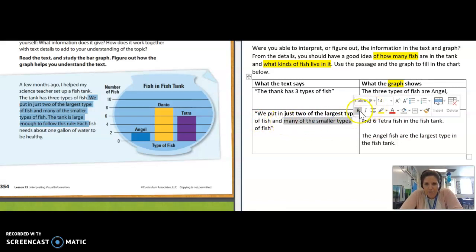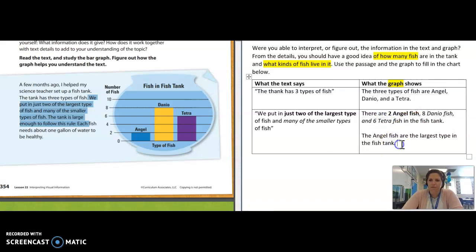Many of the smaller types. So then the other fish were the Danio and the Tetra. So I also learned that the Danio and Tetra are both smaller types of fish. See how much I learned from just this graph, in addition to what I learned in the text?